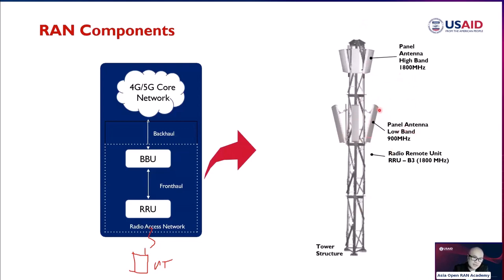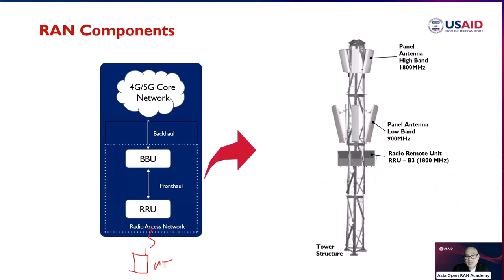There are different specifications of the antenna depending on the frequency and on the applications. There are high gain antennas and twin beam antennas, but they are not part of this discussion. And then there is the remote radio unit, or the RRU.